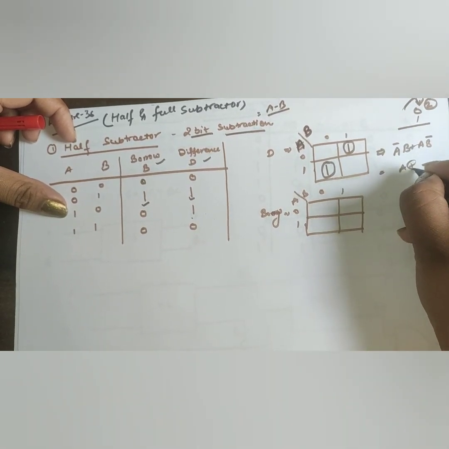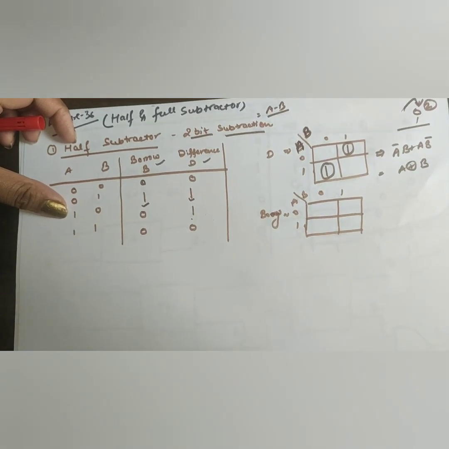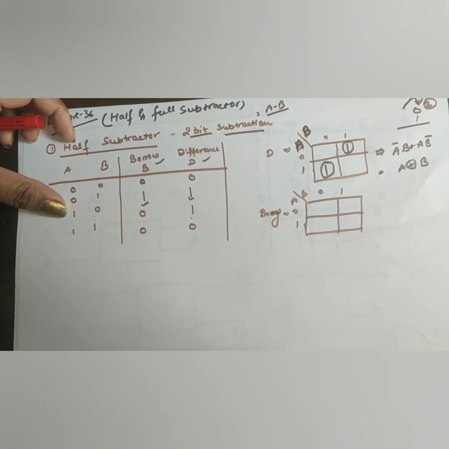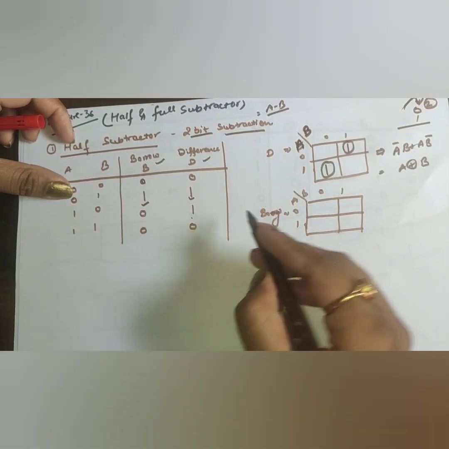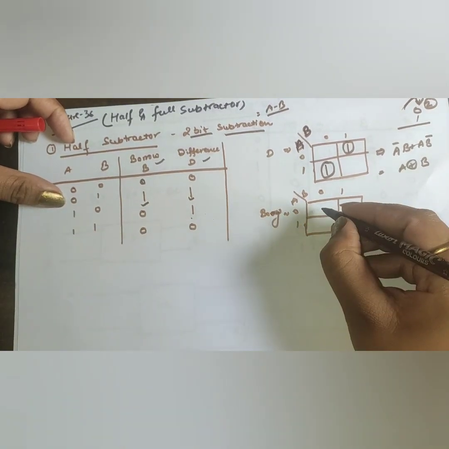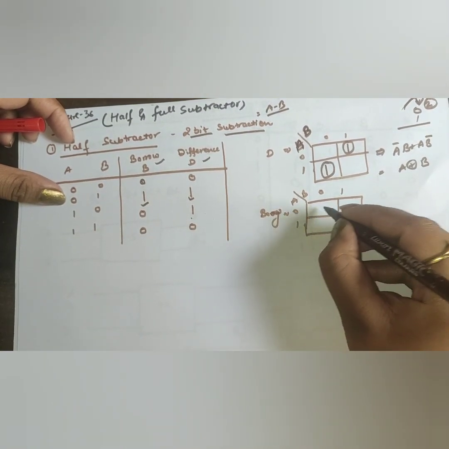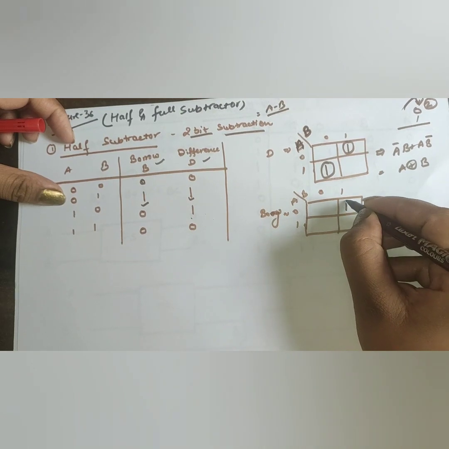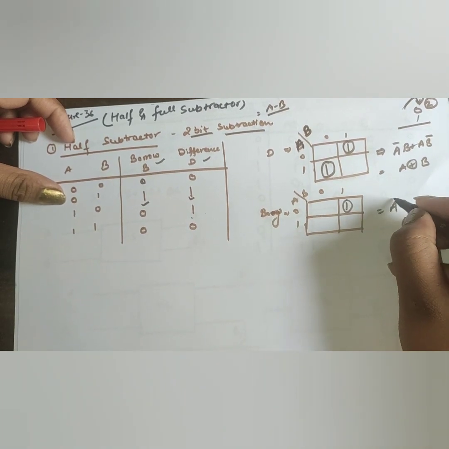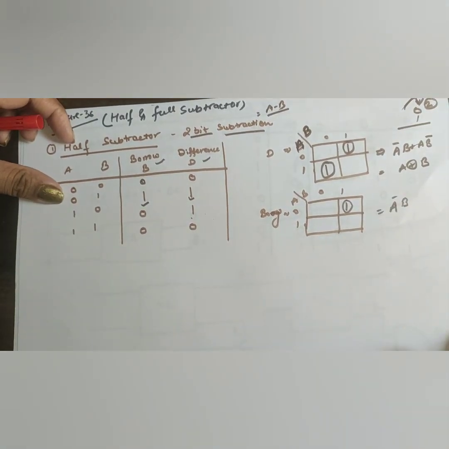It is also an XOR gate. Now for borrow, you can check A is 0 and B is 1. The equation will be A bar B.